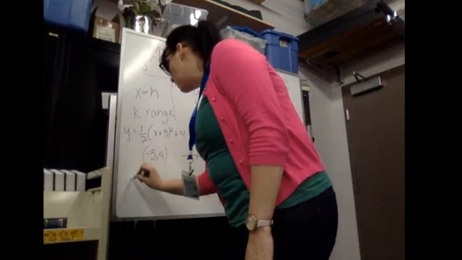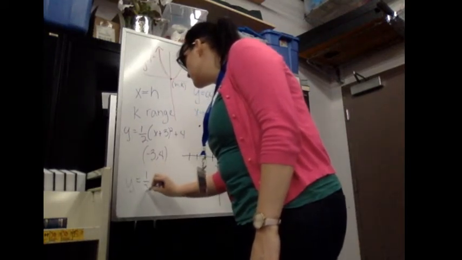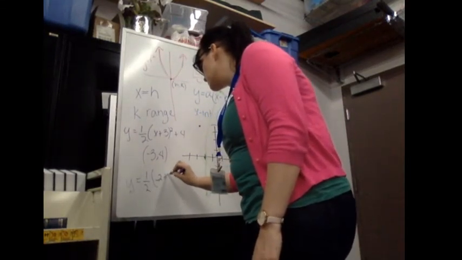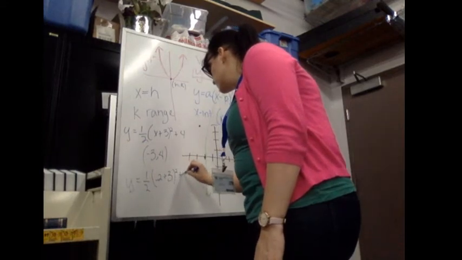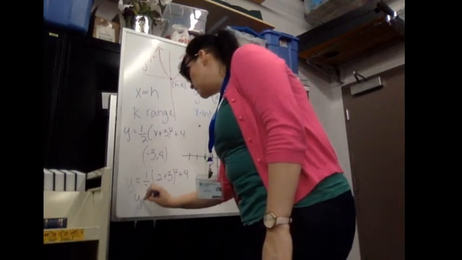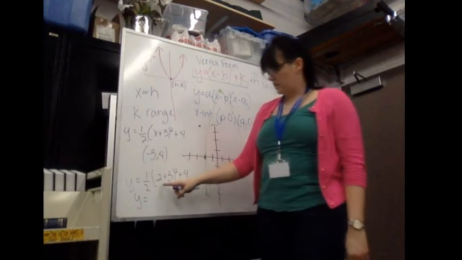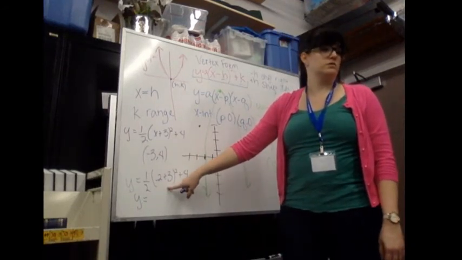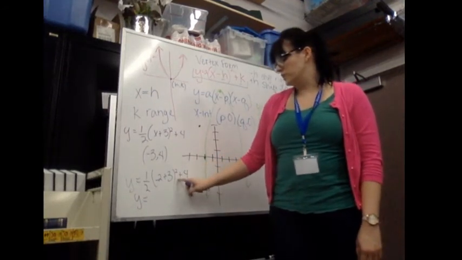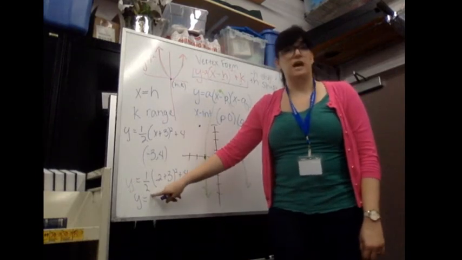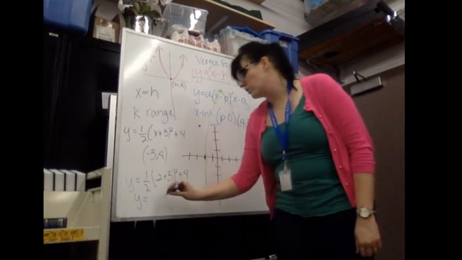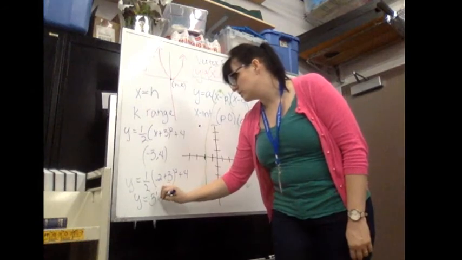So y equals, if I plug in negative 2 plus 3 squared plus 4, y equals negative 2 plus 3 is 1, right? 1 squared, 1 times 1/2 is 1/2, plus 4 is 4.5.